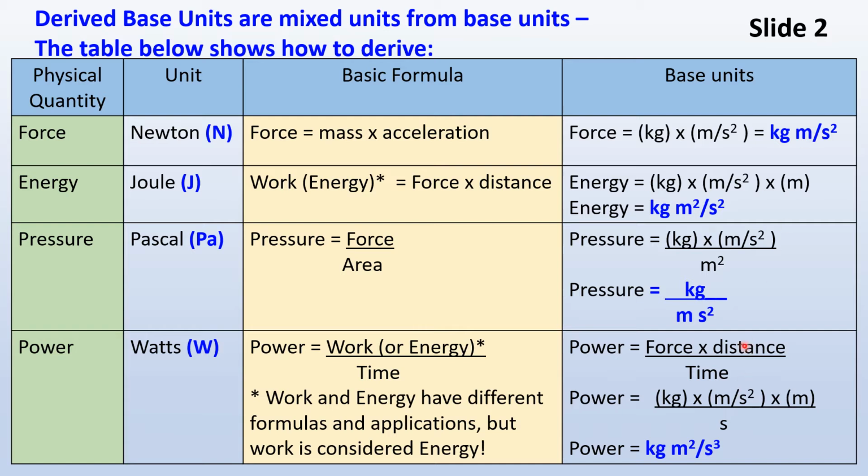From here, the base unit for distance is meter, and the base unit for time is second. So when we combine all these, we have kilograms, meter with meter is meter square, and this second goes to the denominator, combines with this second, and now we have cubic second.